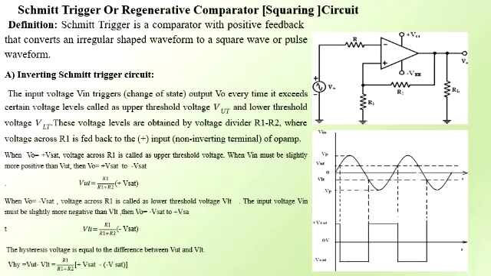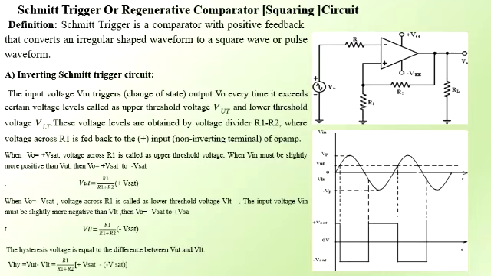The voltage across R1 is fed to the non-inverting terminal of the op-amp. Now assume initially the output is at positive saturation; the voltage across R1 is called the upper threshold voltage. According to the input output waveform, when V in becomes slightly more than the upper threshold voltage, the output changes from positive saturation to negative saturation.